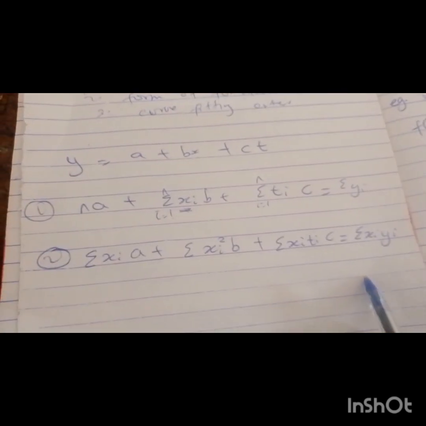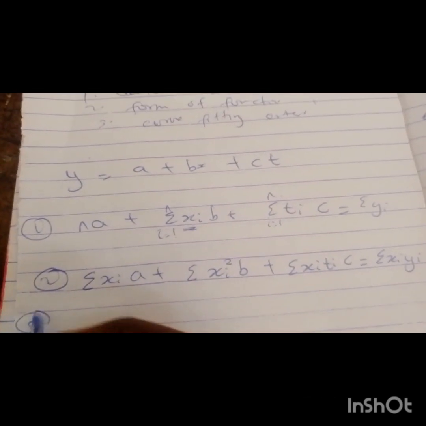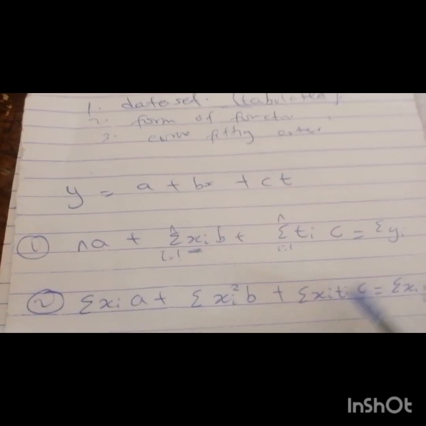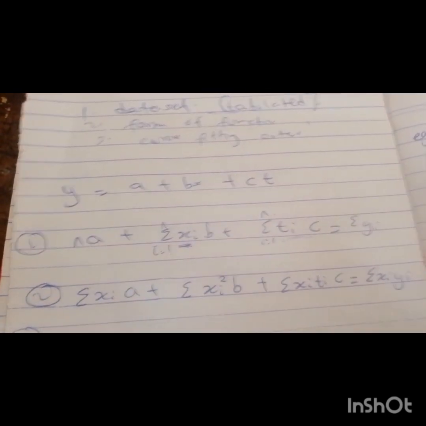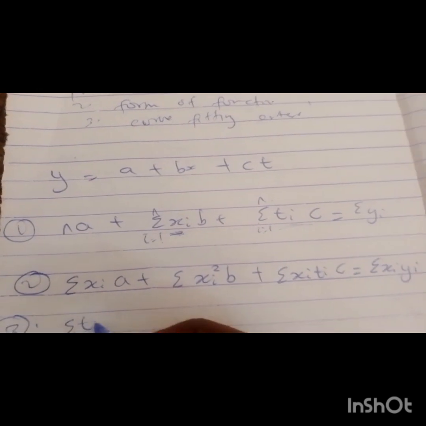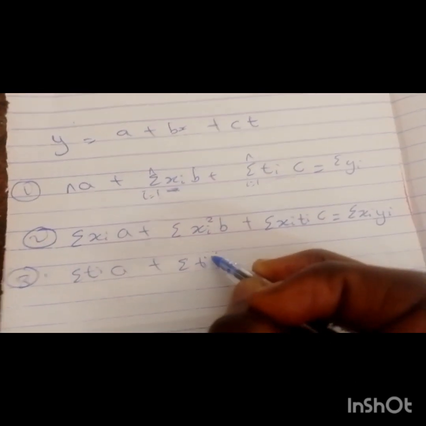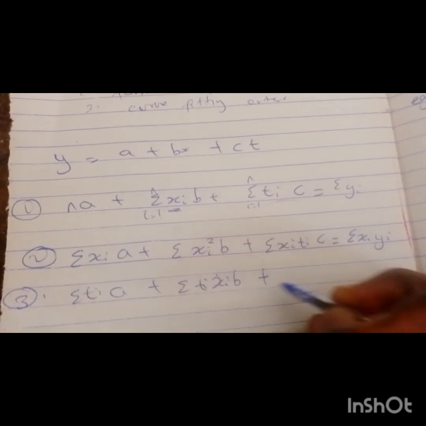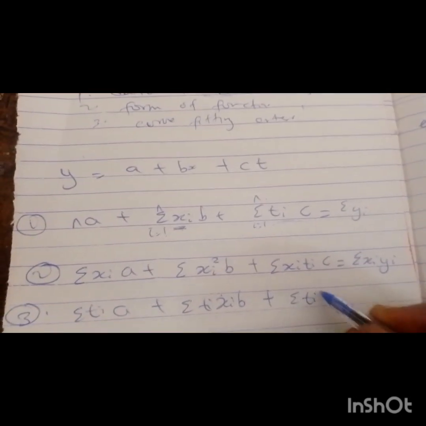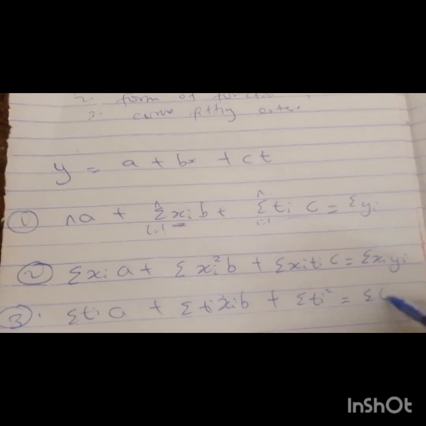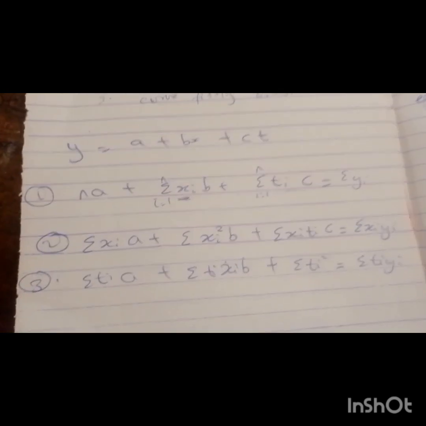Are you seeing that? Now to generate your equation 3, you pick the coefficient of c and multiply through. So you see summation of ti a plus summation of ti xi b plus summation of ti squared c equals summation of ti yi.